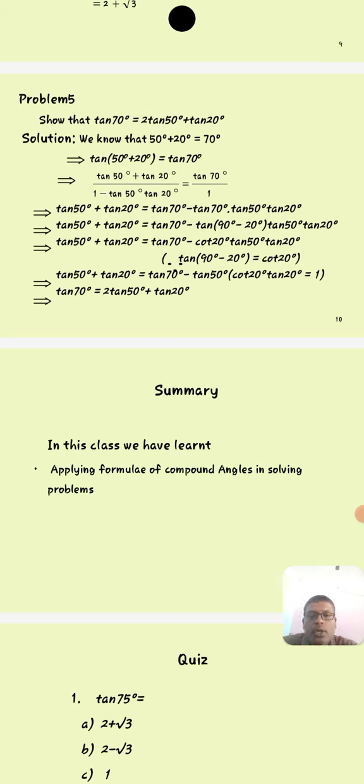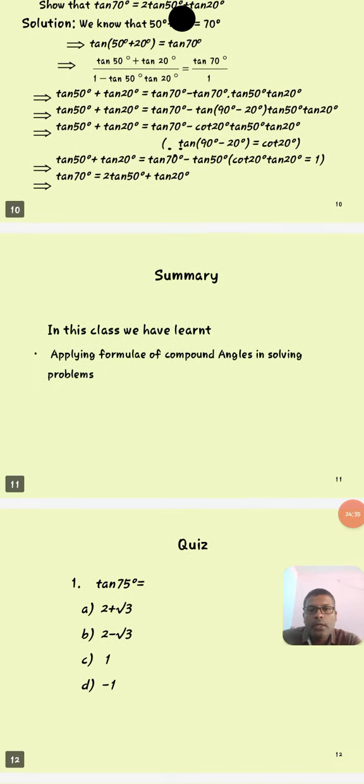Here you have to remember how to write 70 as 50 plus 20, apply the tan function on both sides, apply the tan of A plus B formula and do the cross multiplication, and we get the proof. Okay. Are you clear?